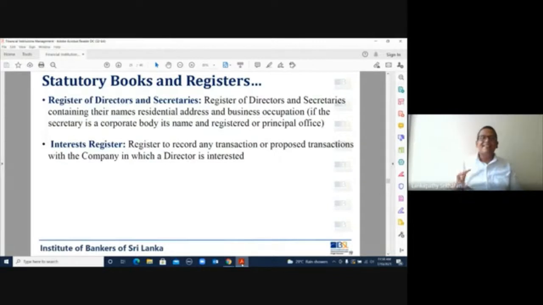Now I am asking whether they can continue that practice. That practice means not maintaining an interest register even after converting to a public company, or is it compulsory to maintain the interest register in a particular public company.